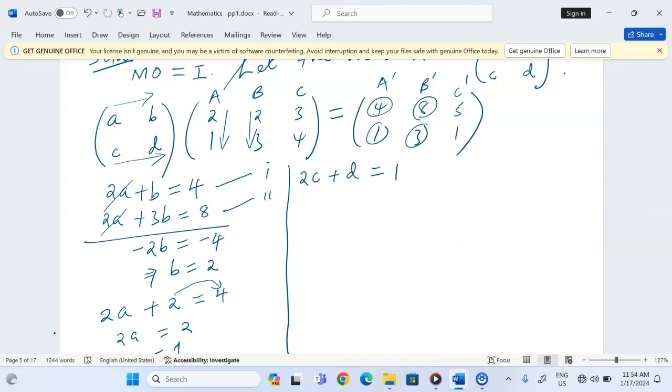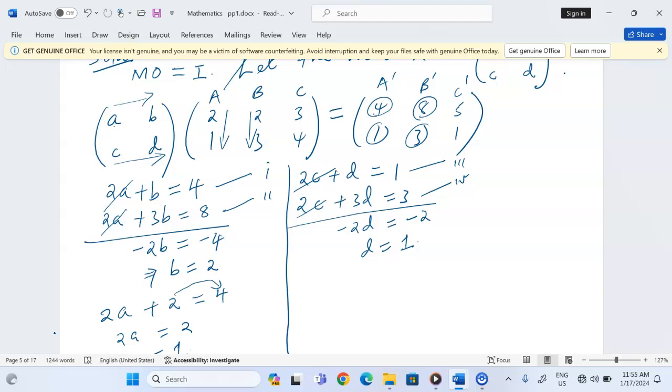Therefore, 2C plus 3D should give us 3. Now, this can be our equation 3, this can be our equation 4. Again, by the elimination method, 2C minus 2C becomes 0, then D minus 3D becomes negative 2D, equivalent to 1 minus 3, which is negative 2. So the value of D becomes exactly 1.